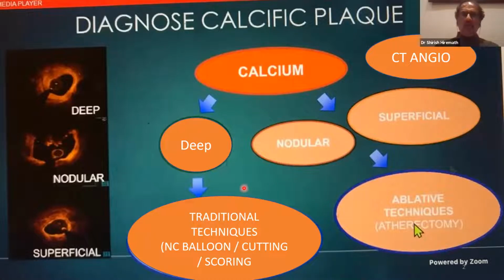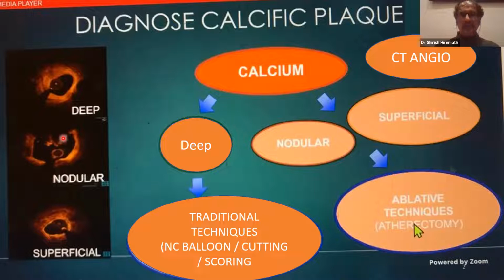Whenever we talk of calcium, we talk of superficial calcium, deep calcium, and nodular calcium. Superficial is close to the lumen, deep is outside towards the media and adventitia, and nodular calcium is where most of the surroundings may be good, but the wall is protruding from one side.